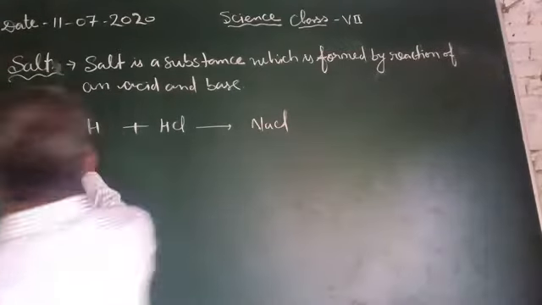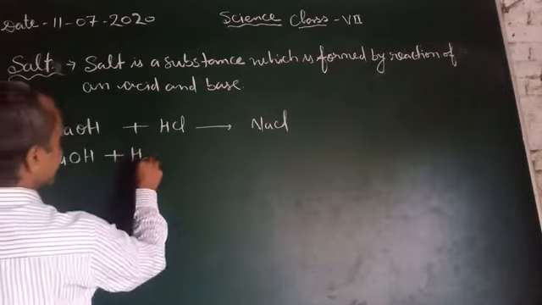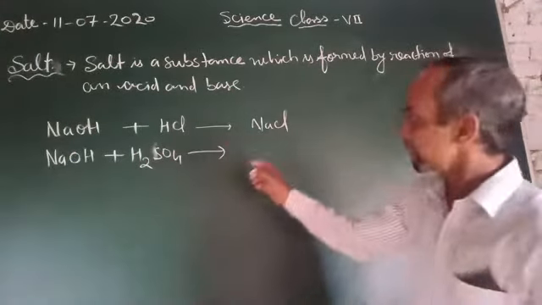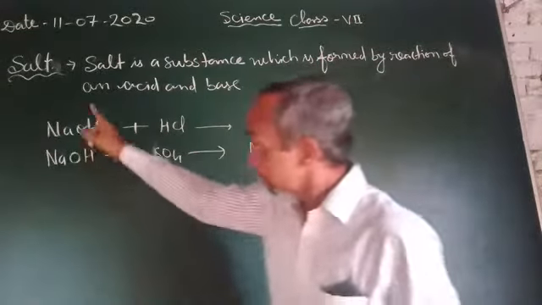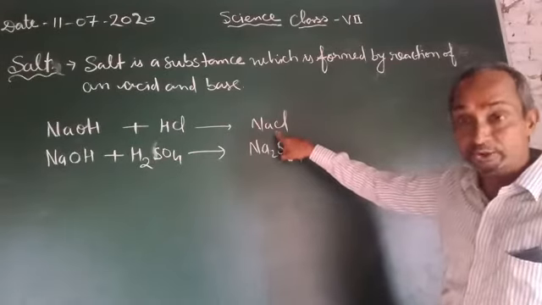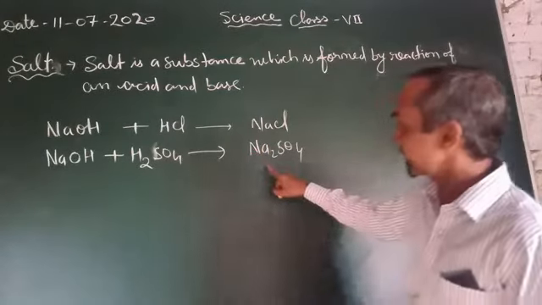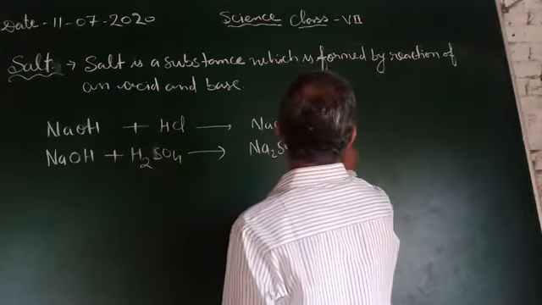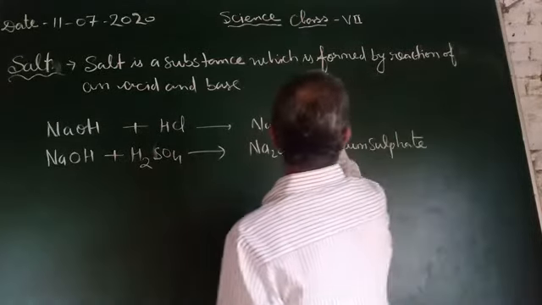Similarly, when sodium hydroxide NaOH reacts with sulfuric acid H2SO4, it becomes Na2SO4, sodium sulfate.